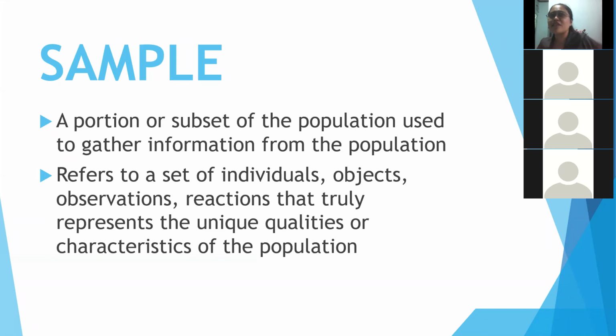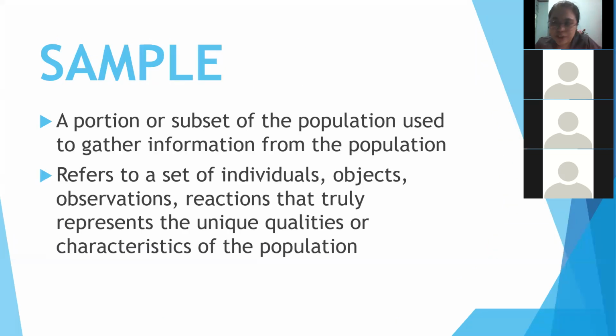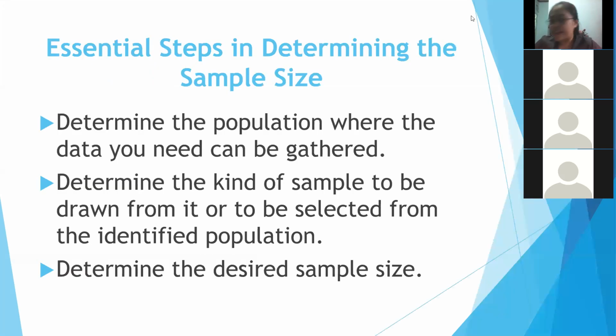Basig isa ka milyon ang residents sa Gensan. So sunod tuig or basig sunod-sunod tuig pa ka mahuman ana. So sample lang ato ang kailangan. We don't really get the information sa whole population. Okay? Magkuha lang tag representative.